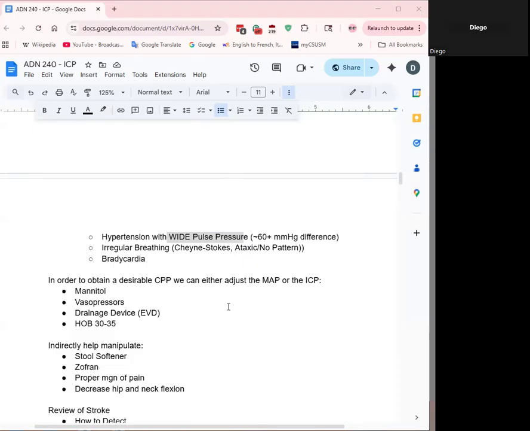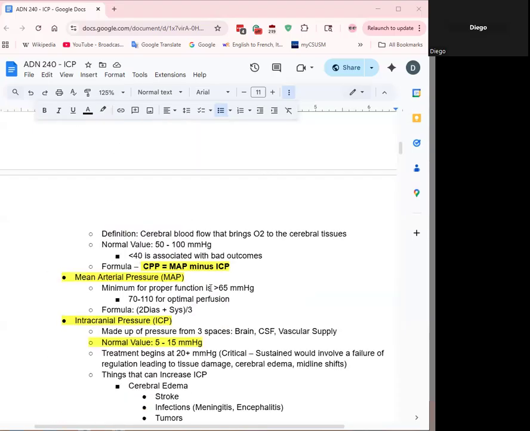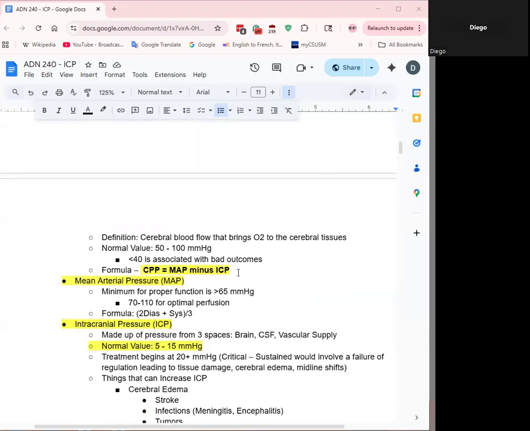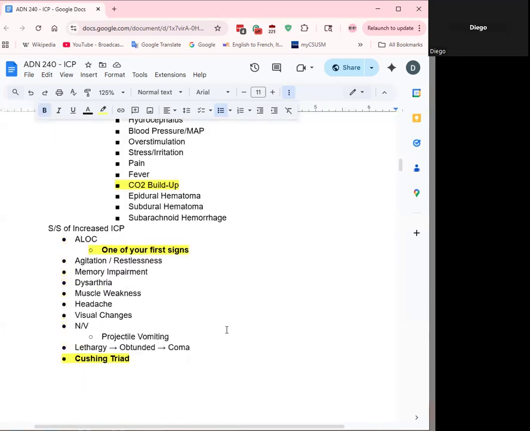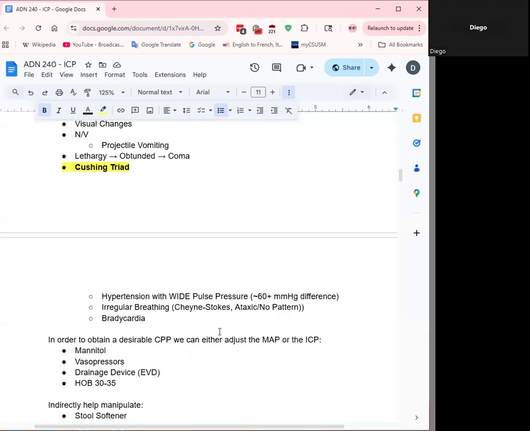The cool thing about it is that, because we found out up here that it is this formula right here, your overall CPP is a measurement of your MAP minus ICP. You can try to equalize that in different ways.